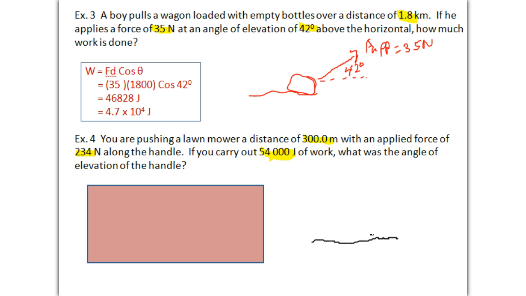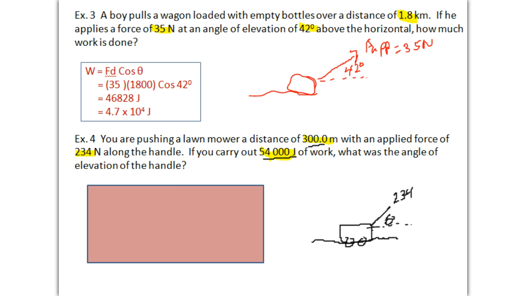So you have your grass, lawnmower, and you're pushing it on the grass. We don't know the angle of elevation. We do know that the force applied to the handle is 234 newtons. We know how much work is done, and we know the distance.